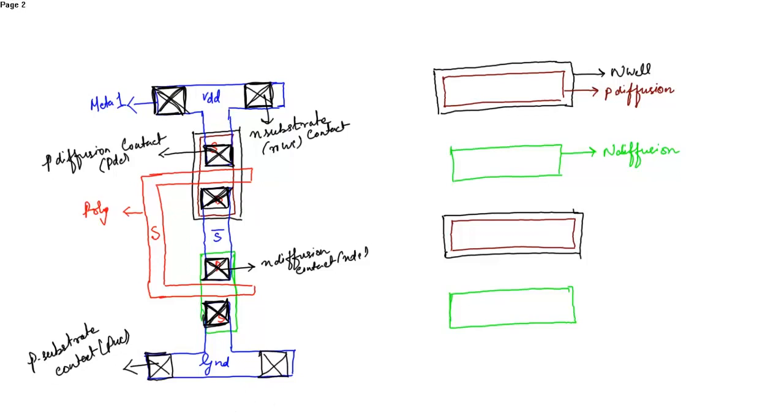Now, after drawing the inverter, let's complete the transmission gate. Now these are the source drain, then source drain, source drain, and source drain. Now these are the gates.